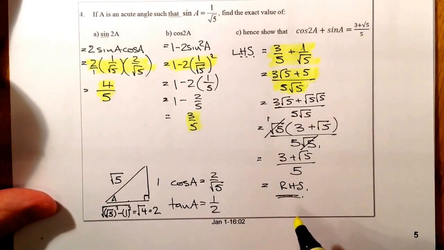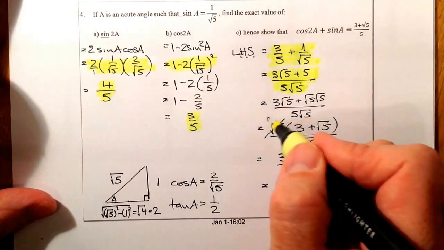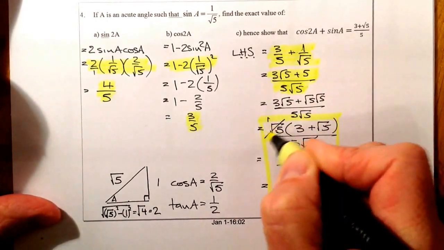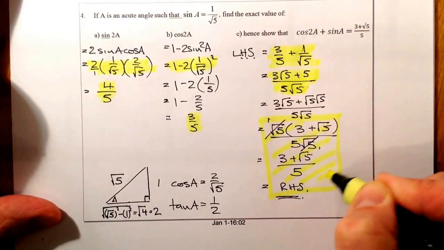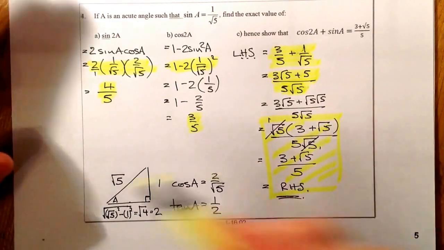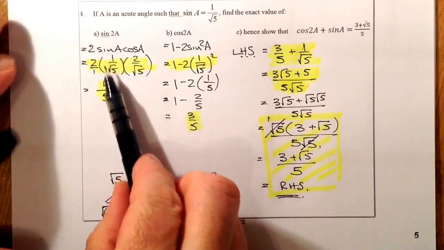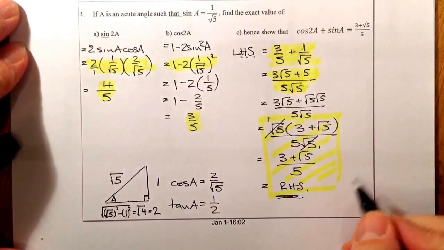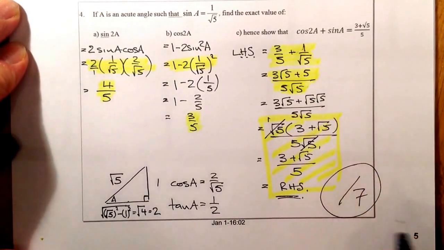And I'll go for 1 final mark for showing something like this here that takes you to the correct answer. Okay, so what we've got there is 1 mark, 2, 3, 4, 5, 6 and 7. So I'm going to give marks out of 7 for this one here.